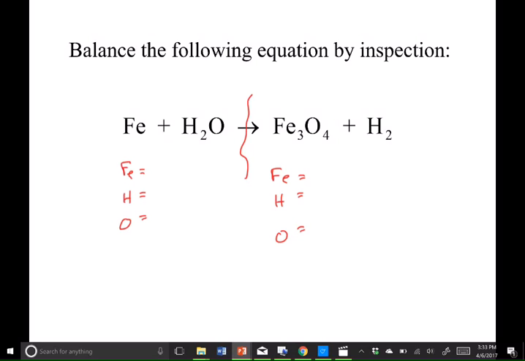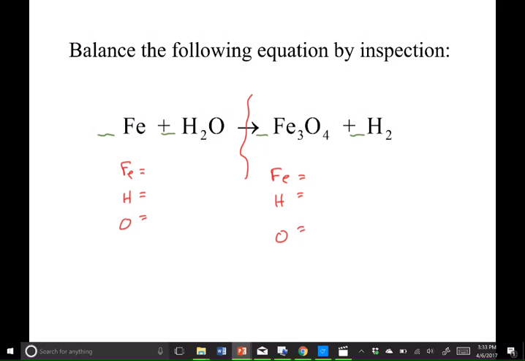I'm going to put green dashes to the left of the formulas, where I can put a stoichiometric coefficient. I cannot change the subscripts to make my irons, hydrogens, and oxygens line up. You just can't do it, because then you're changing the qualitative information.